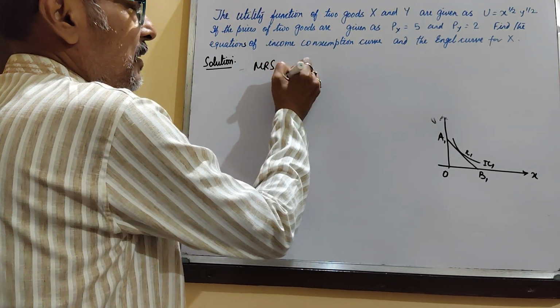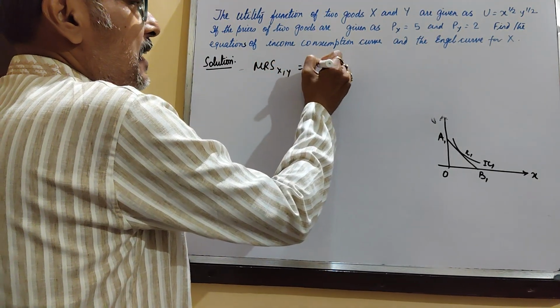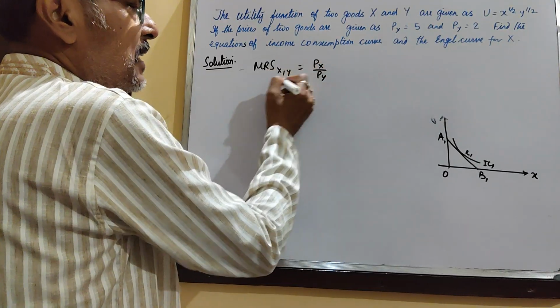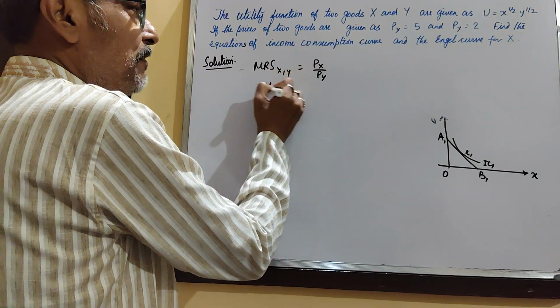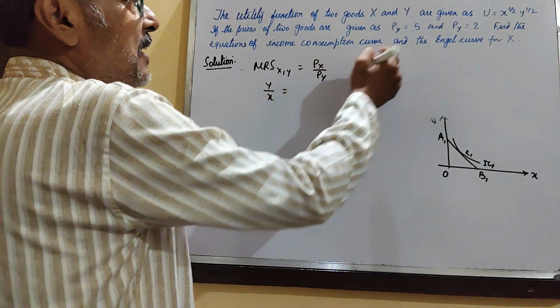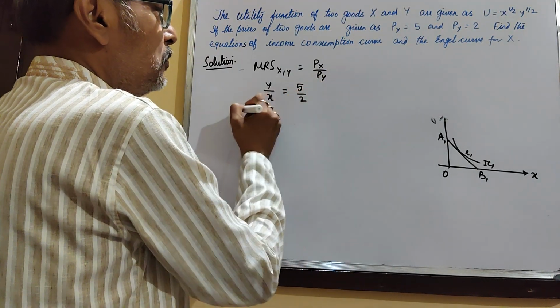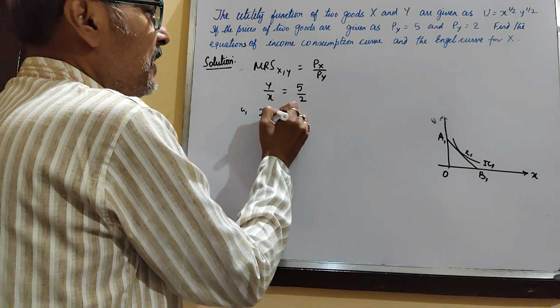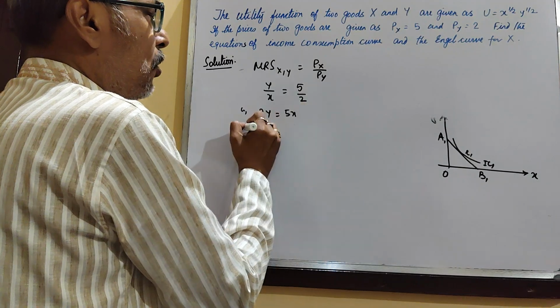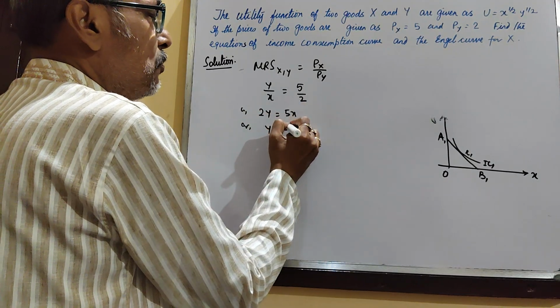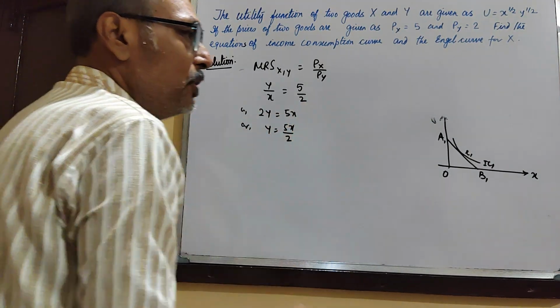The MRS we have derived is y by x. Px by Py is given. This is 5 by 2, or 2y equals 5x, or we can write y equals 5x by 2.